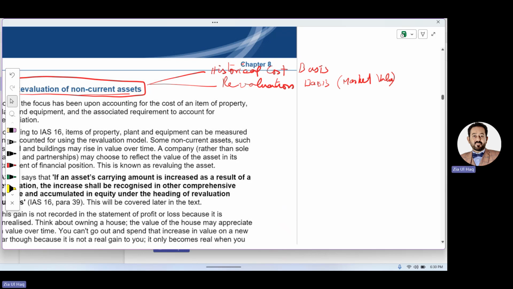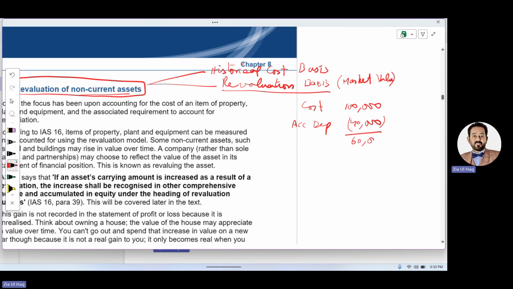But if they have chosen the revaluation basis, then all assets in the same class should be revalued. How to record an asset on a revaluation basis? Suppose the asset cost is 100,000. Its accumulated depreciation is 40,000.